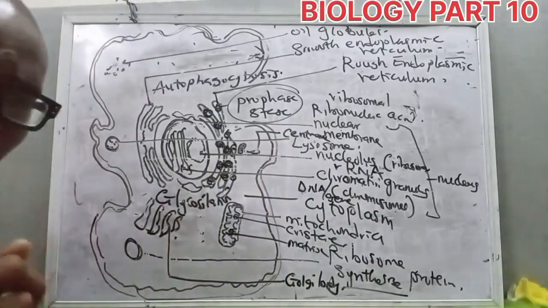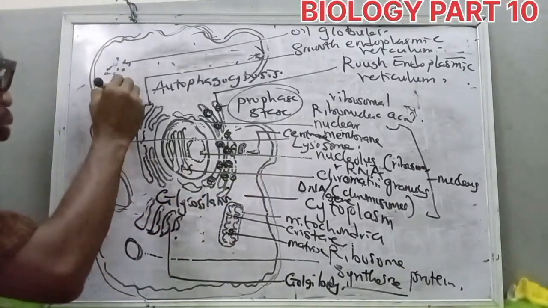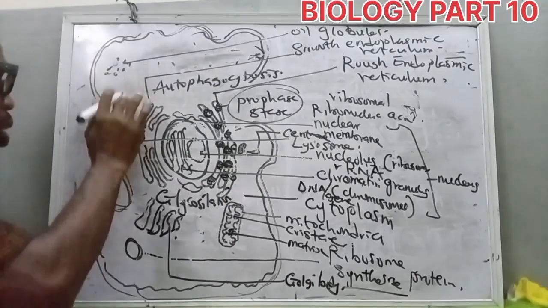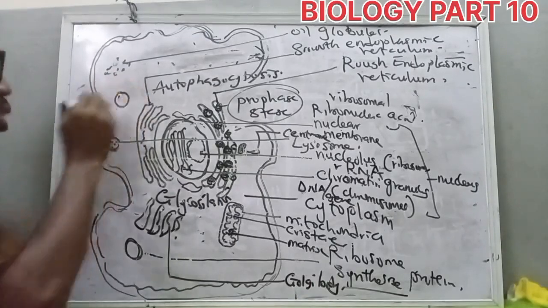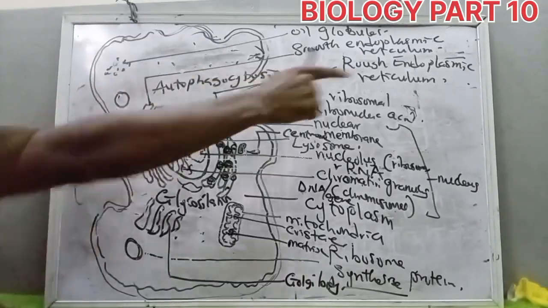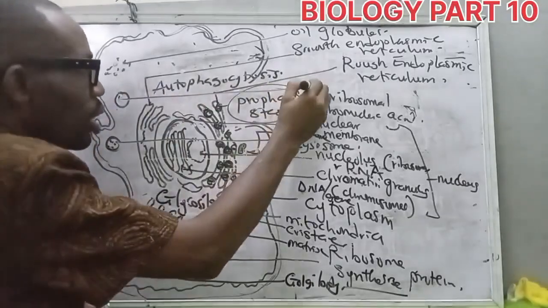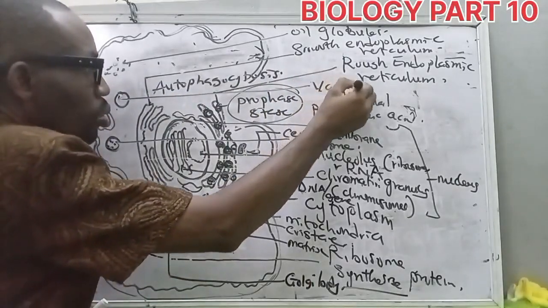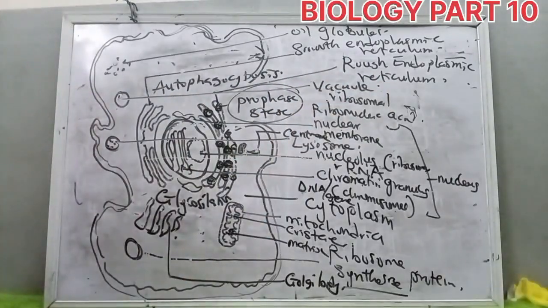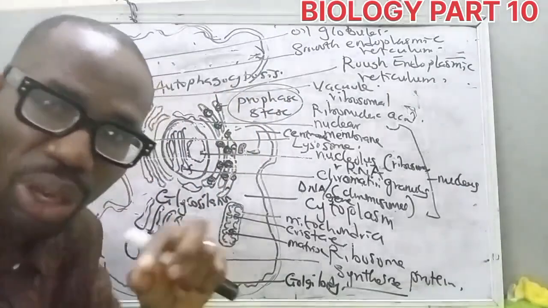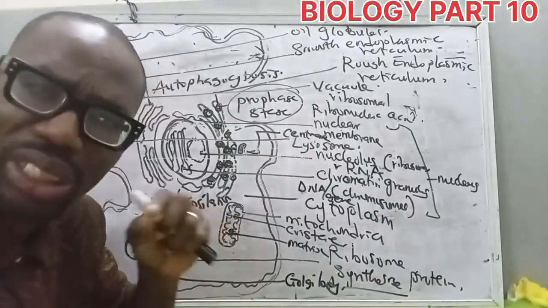There's another structure again I've not shown you. That structure is also somewhat spherical, and that structure is found in the cytoplasm. Let me label it this side. Okay, let me take it down. I have the space there. It's called vacuole. Okay, the vacuole is an enclosure found in the cytoplasm.